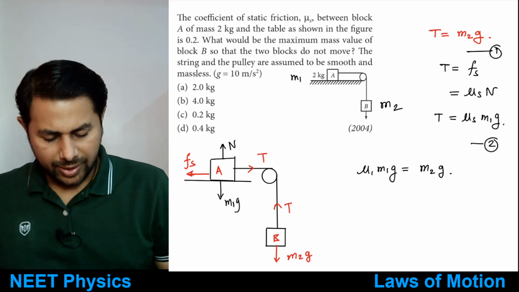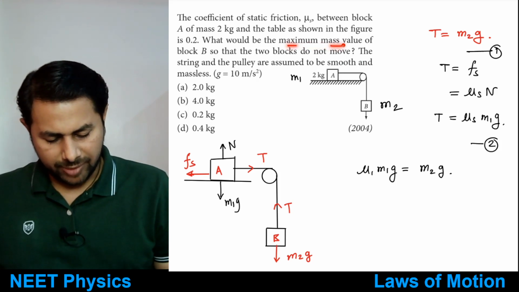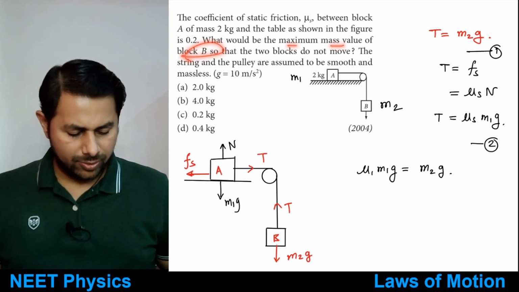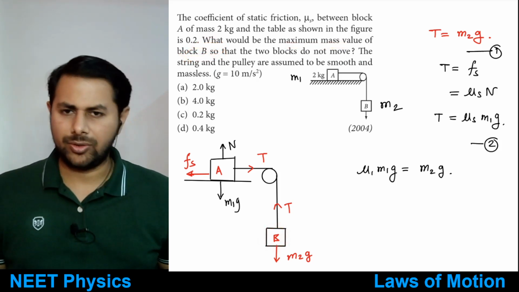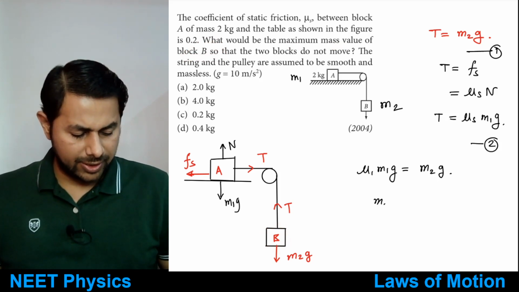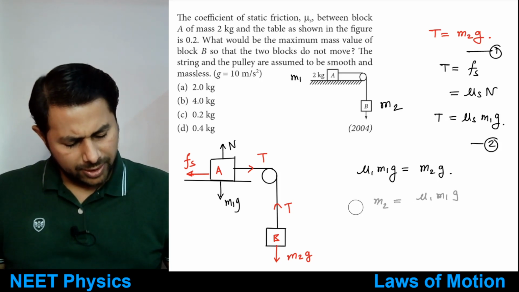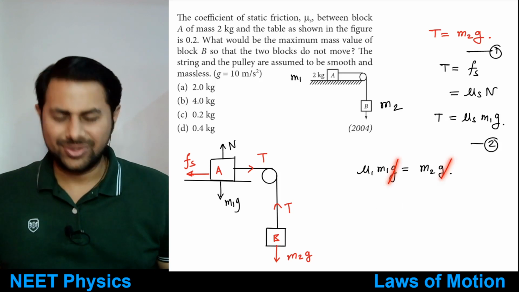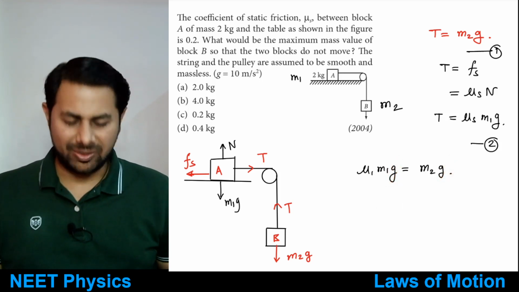You want the maximum mass value of block B. You don't know the mass of block B, that you want to find out. So just move g to the other side. G gets cancelled out, so you have m2 is equal to mu s times m1.